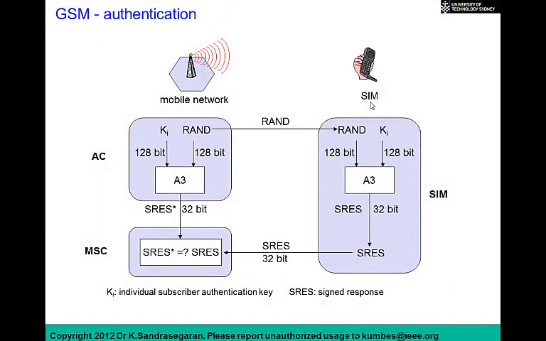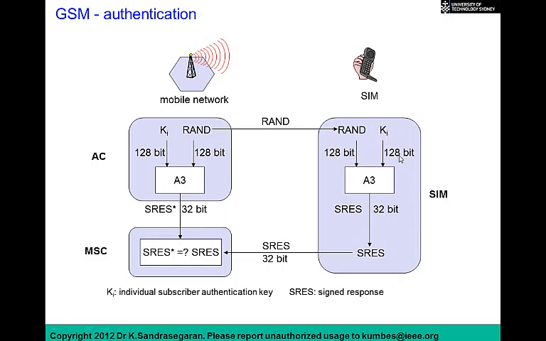So here's a diagram that shows how authentication is performed. The important aspect to the authentication is a key called KI. This key KI is stored in the authentication center and in the SIM card of the user. These are the only two places on the network where this key is stored, and this key is the key to your security basically.